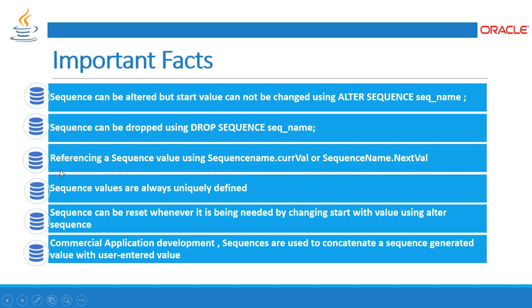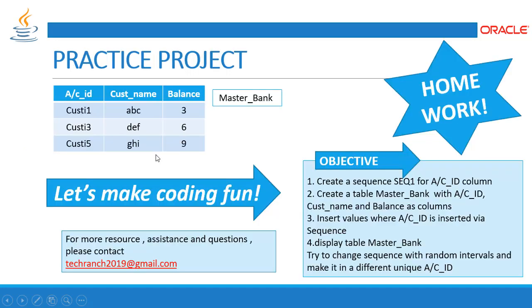Let's get back to some homework. A practice project. It is good to have some practice to work and understand the concept. So we have a table here, master bank. This time we have a project about bank. This table, master bank, has account ID, customer name and balance columns.